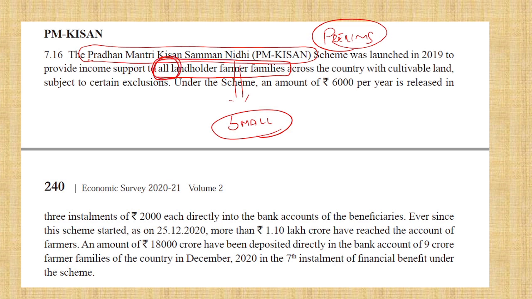That is the key, and it is a prelims question. That is, anyone who has agricultural land will be given an amount of 6,000 rupees in a yearly fashion. That is Kisan Samman Nidhi.